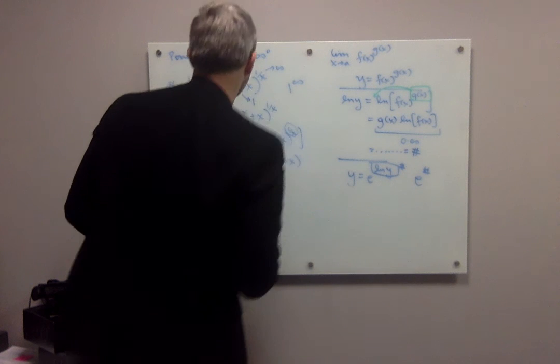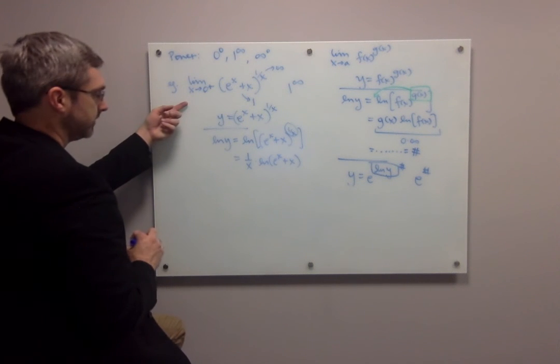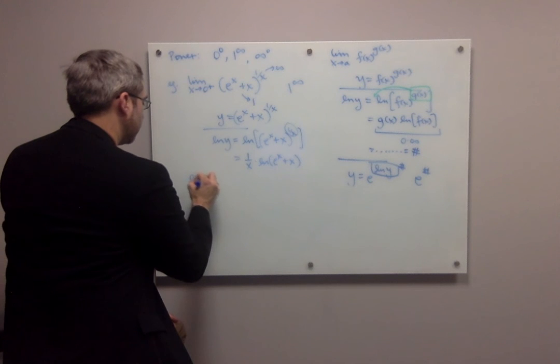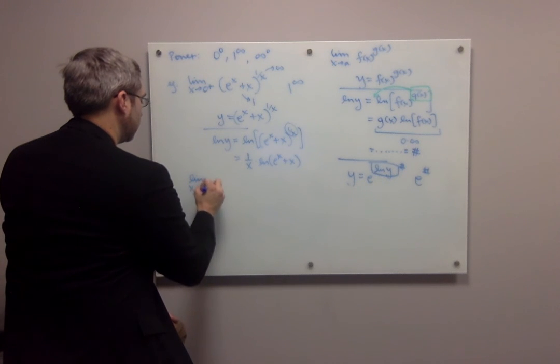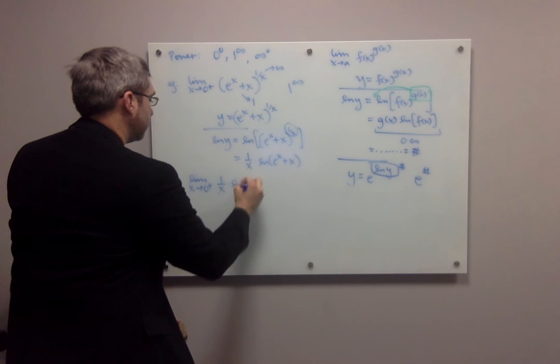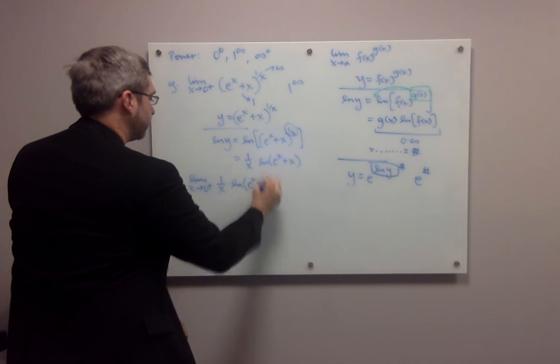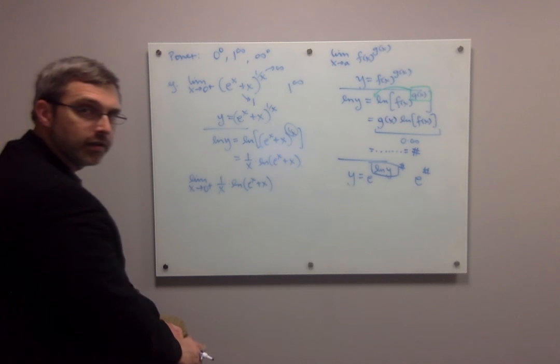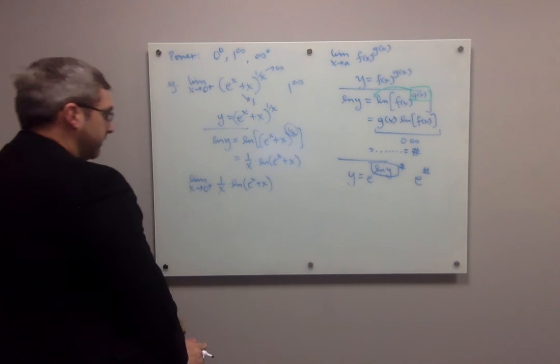And instead of looking at the limit of y, I'm going to look at the limit of the natural log of y. So the limit of 1 over x times the natural log of e to the x plus x. Everybody follow so far?